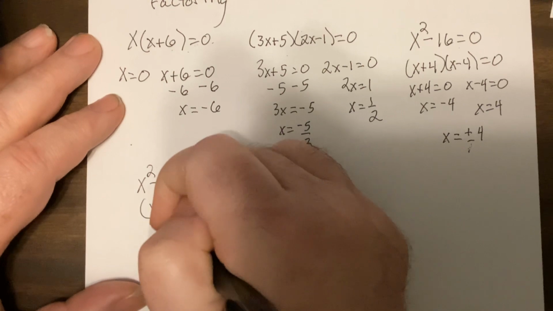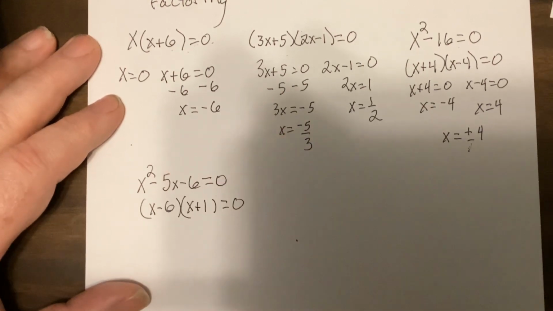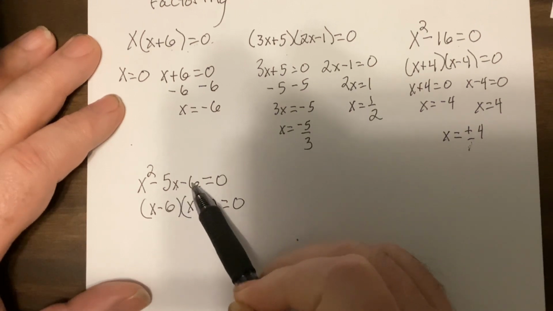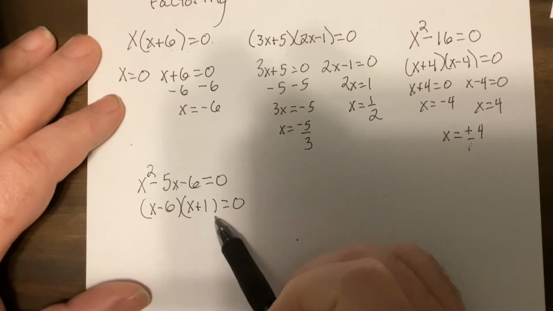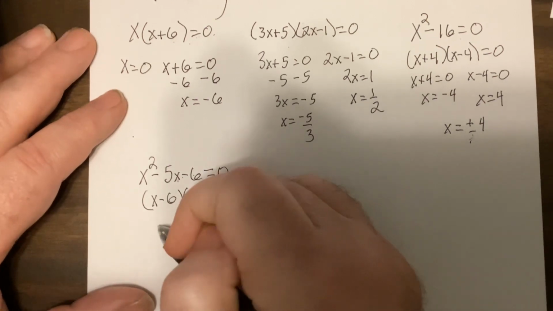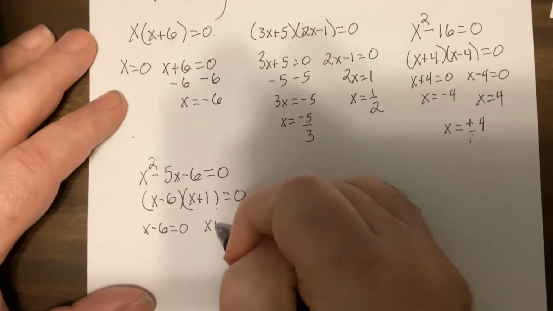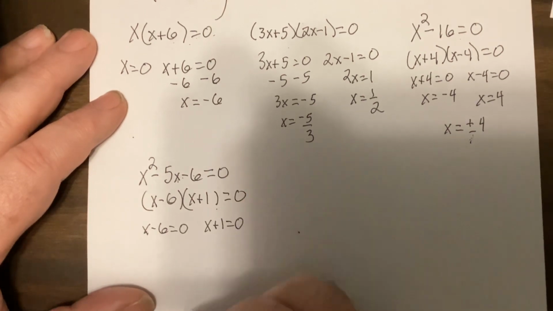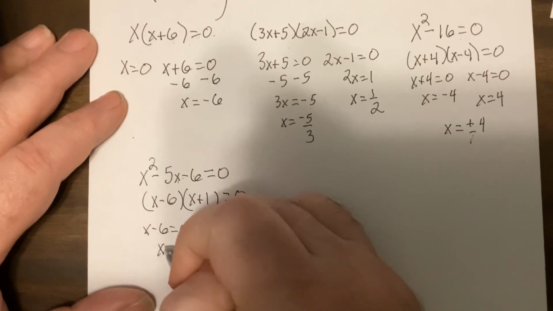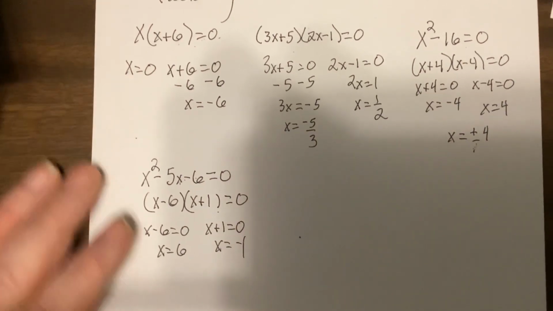So this would be (x minus 6)(x plus 1). The factors of 6, subtracting to get 5, are 6 and 1. Largest one goes with the minus symbol. So you'd have x minus 6 equals 0, x plus 1 equals 0. So x equals 6 or x equals -1.